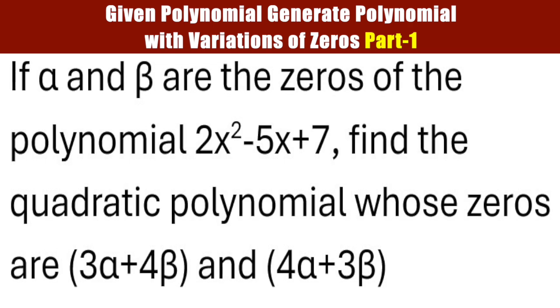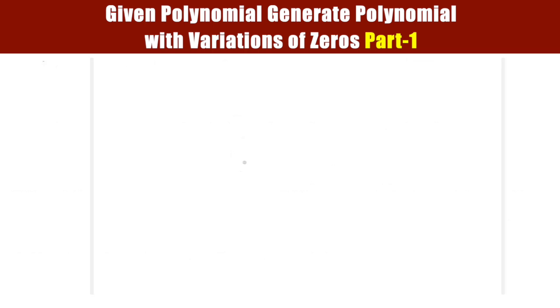So the polynomial is 2x squared minus 5x plus 7, and you're expected to form a quadratic polynomial whose zeros are 3 alpha plus 4 beta and 4 alpha plus 3 beta.